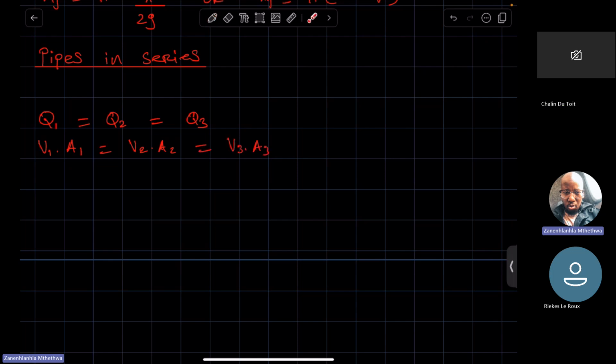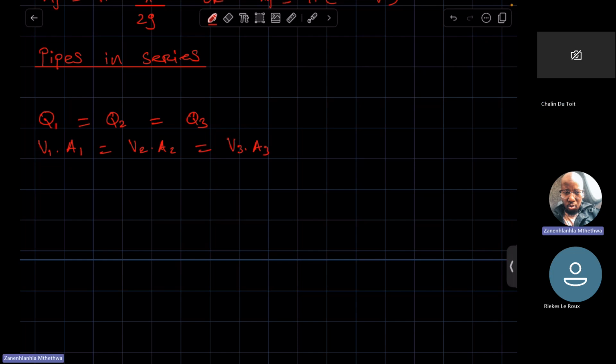That is if we are considering three pipes connected in series. You can pair Q1 with Q2, or you can pair Q1 with Q3, but depending on which quantity you are looking for, be it V1, A1, V2, A2, or V3, A3. This is how you apply the continuity equation.